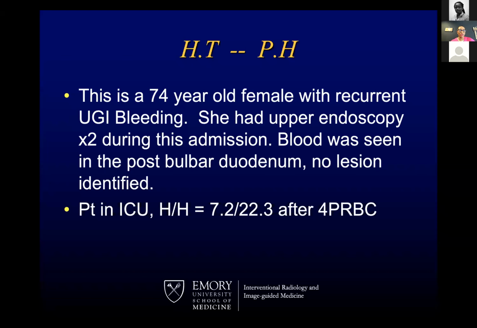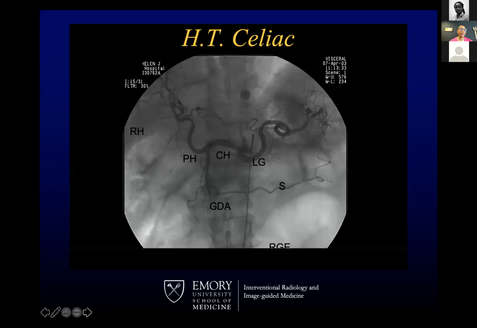No ulcerations were identified. The patient went to the ICU. Their hemoglobin was low after they have gotten 4 units of blood, right? So here we go. We know that this is going to be bleeding somewhere in the celiac axis territory.